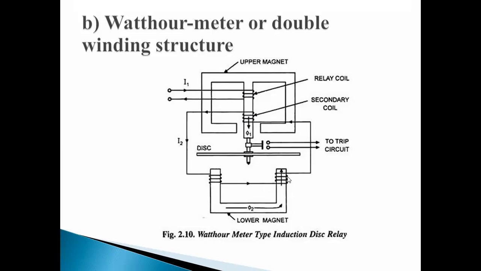When current flows through the secondary winding, this disc will start rotating. And if a fault occurs, the relay contacts will get closed here, and the signal will be given to the circuit breaker for tripping the circuit.